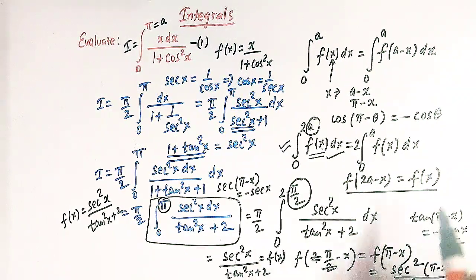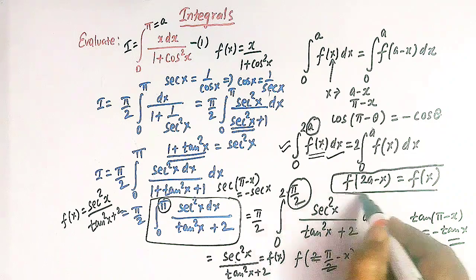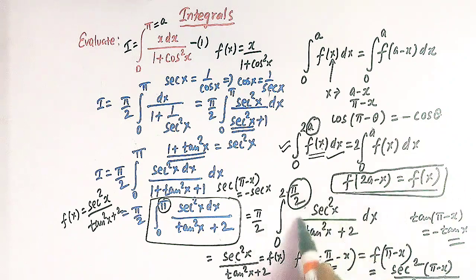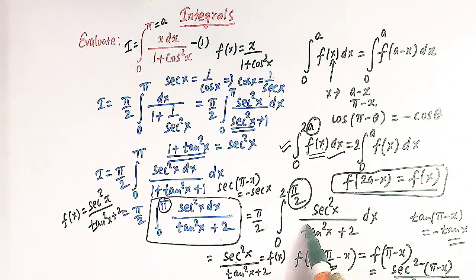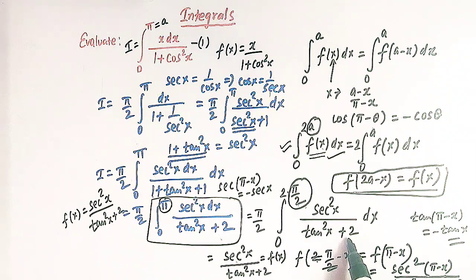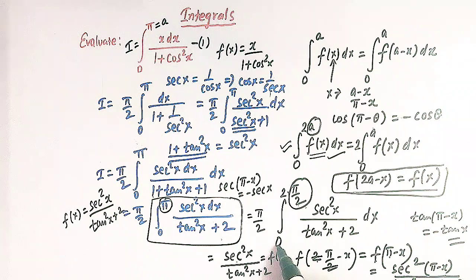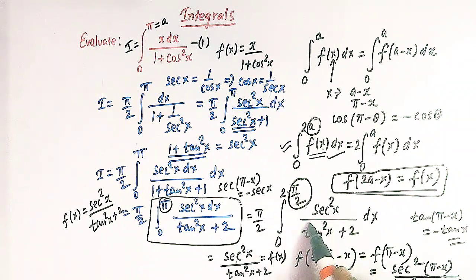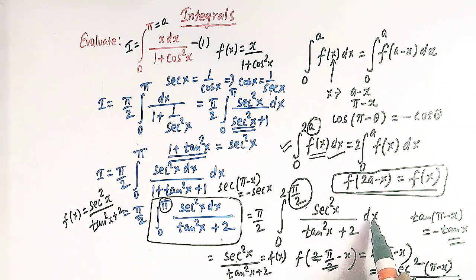So we can see that this condition holds for this function, that is secant square x over tan square x plus 2. So we have pi by 2, 0 to 2 times pi by 2 secant square x over tan square x plus 2 dx.